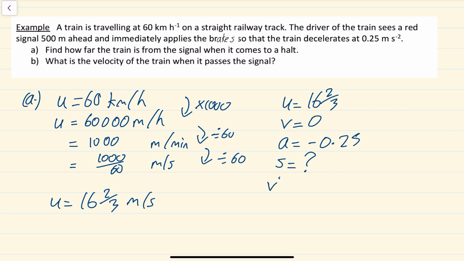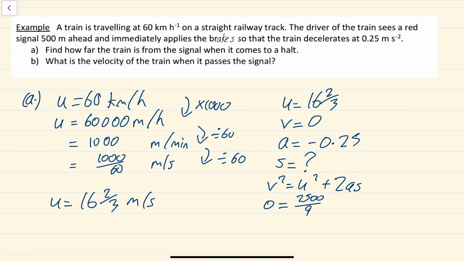First of all, we're going to use V squared equals U squared plus 2AS. So 0 is equal to, and if you fire that in your calculator, the exact value of 16 and 2/3 squared is 2500 over 9.